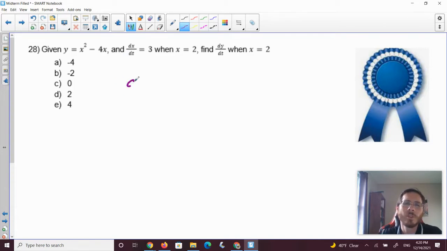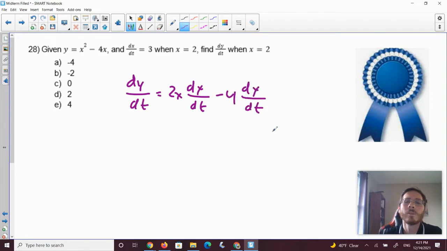But if we do it as an implicit, dy dt is equal to 2x dx dt minus 4 dx dt. We don't really need to draw everything out. We don't really need the rate box because everything's right there in the question. It says find dy dt, and the other nice thing is dy dt is already by itself.